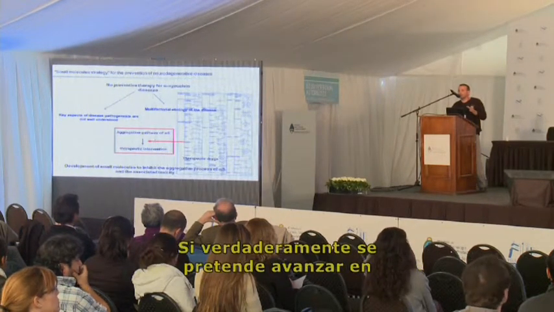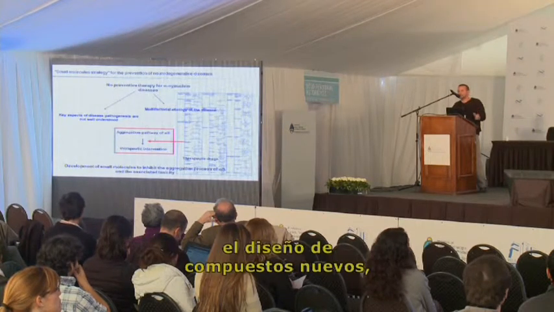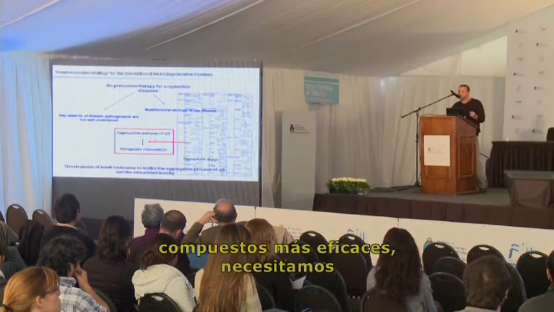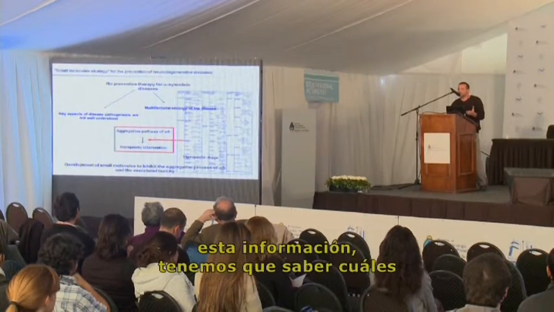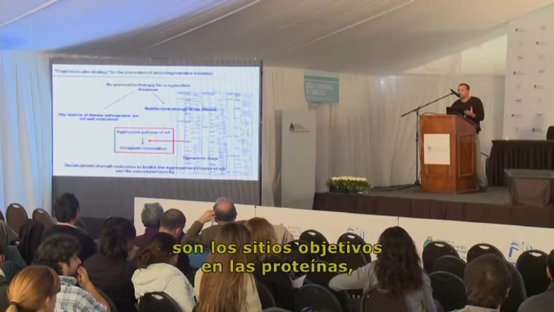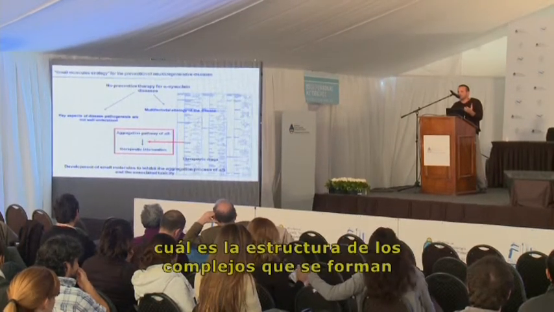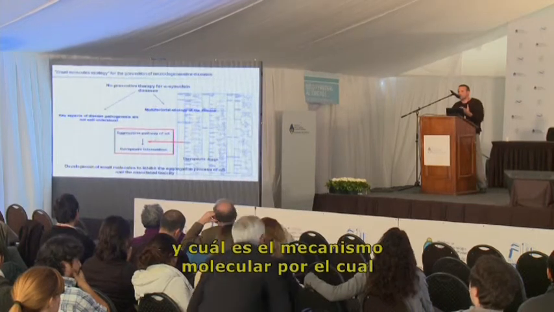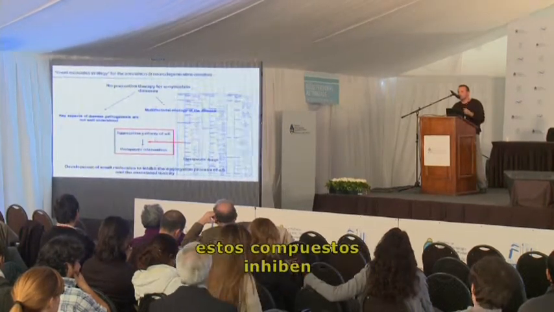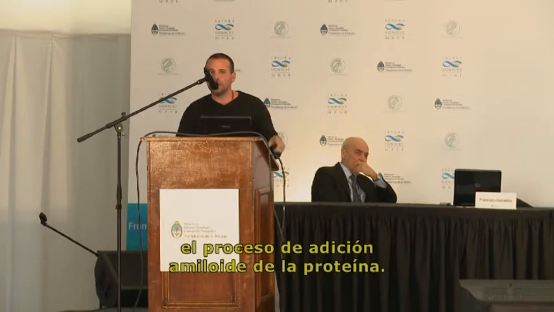And if you really want to advance in the design of new, more effective compounds, you need to count on this information. You have to know which are the target sites in the protein, which are the structures of the complexes that are formed, and which is the molecular mechanism by which these compounds inhibit the amyloid aggregation of the protein.